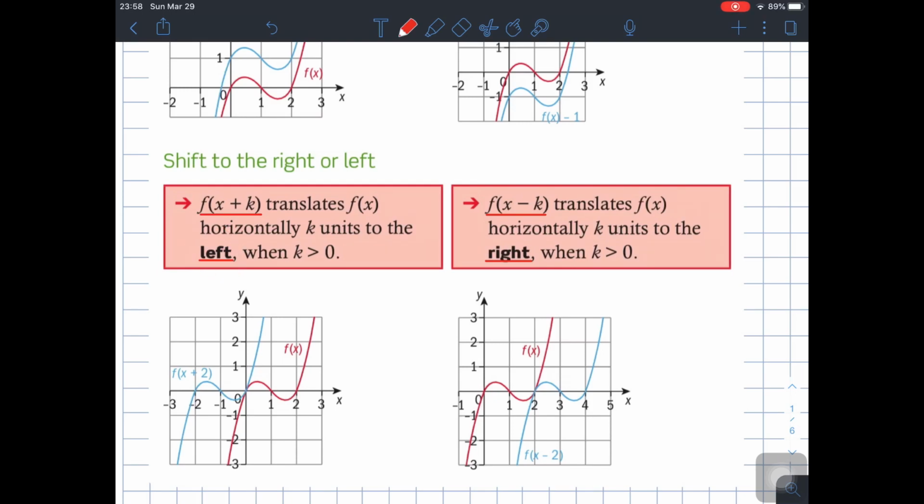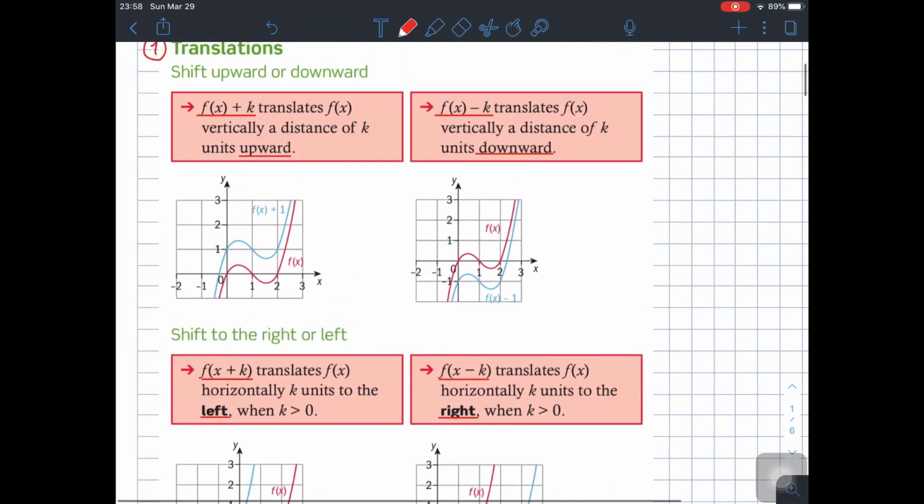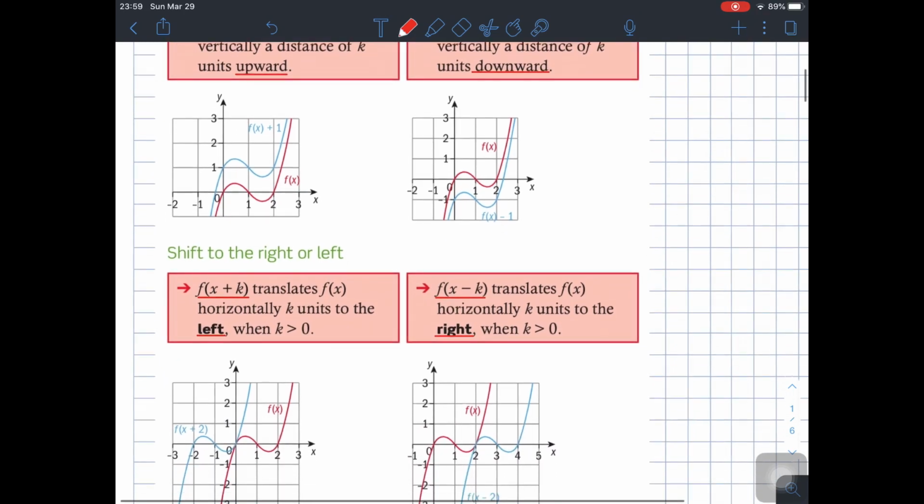And when it's minus k, we're translating the function horizontally k units to the right, okay? You see a difference between the first case and the second case? In the first case, we have plus k outside the function, and in the second case, we have the plus k adding inside the function where the x value goes, okay?